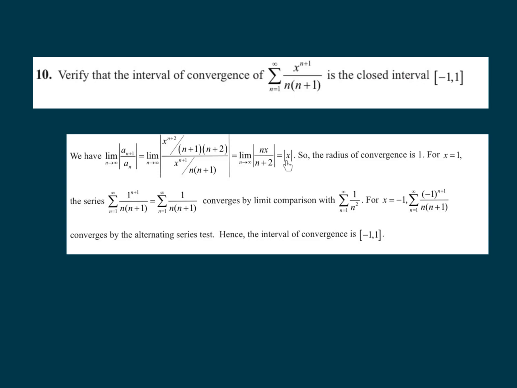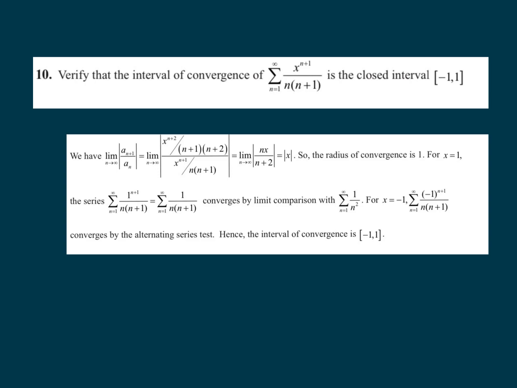Now we need to see if at the endpoints it converges or doesn't converge. If you plug in x equal 1, this converges by the comparison test. What does the comparison test say?